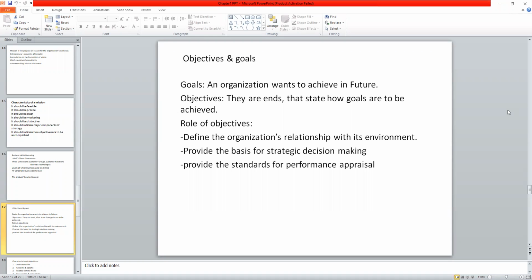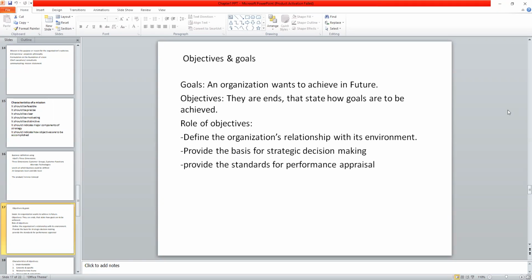See, once the company has framed a mission and the vision statements, then with reference to achievement of these mission statements, the company undertakes the goals it wants to achieve in the future.